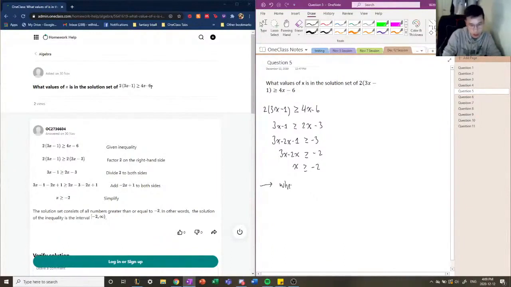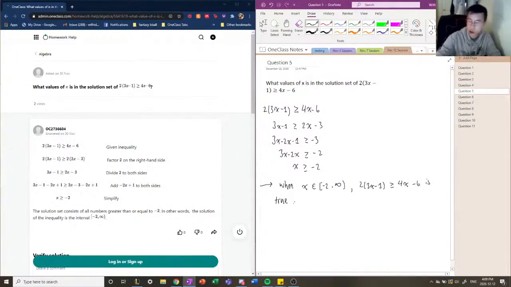When x belongs to the interval of -2 and infinity, 2 times (3x minus 1) is greater than or equal to 4x minus 6 is true.